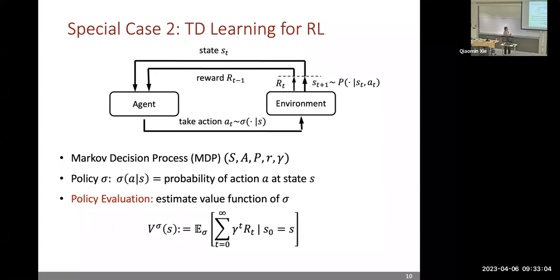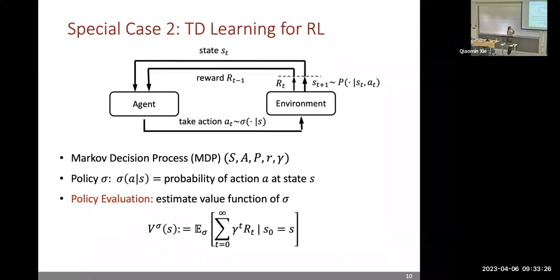In particular, the policy for the agent maps each state to a distribution over the action space, so it specifies the probability of taking a particular action given a current state. In general, the agent wants to find the policy that optimizes the total discounted reward.